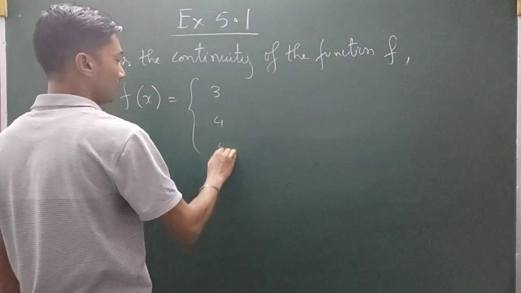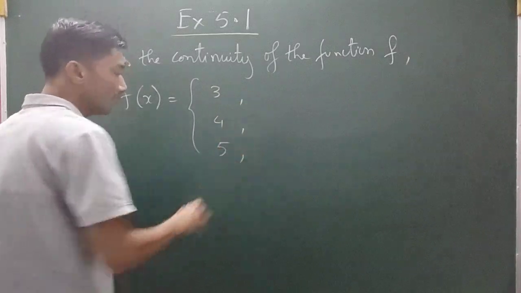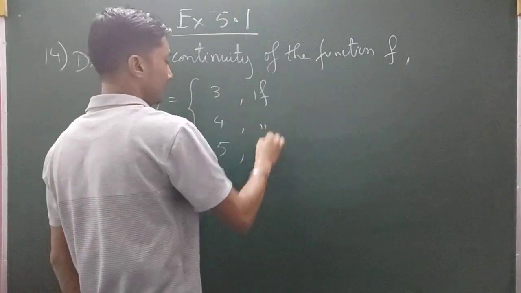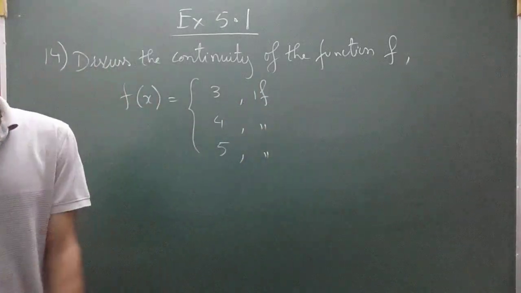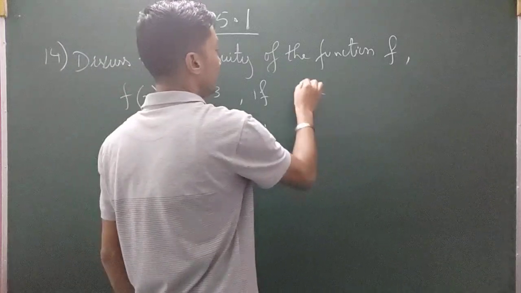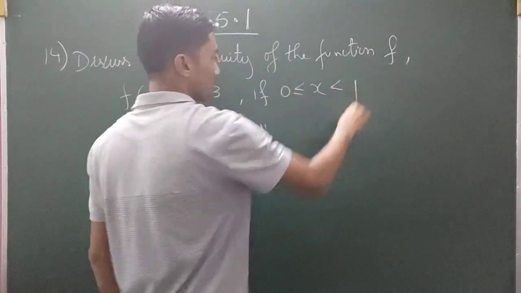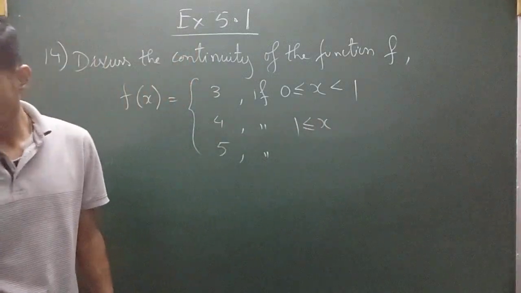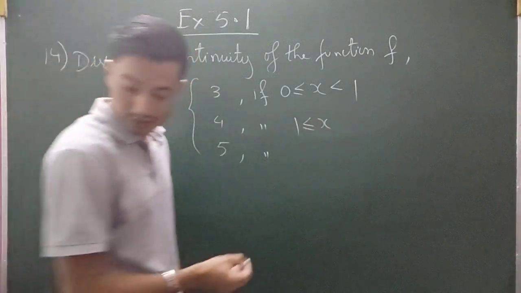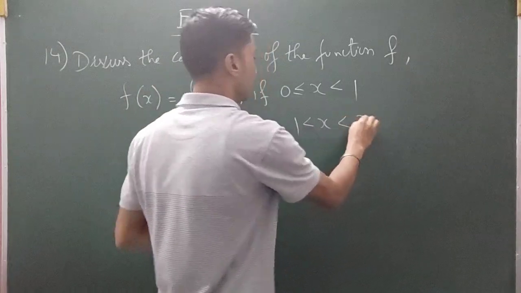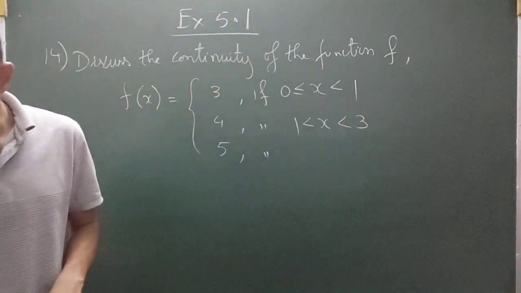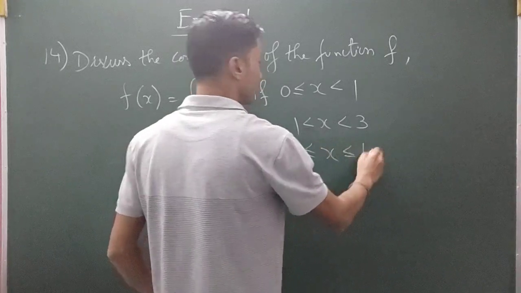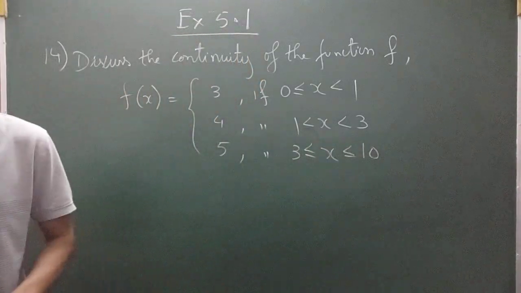The value of the function is 3 if x is greater than or equal to 0, less than 1; 4 if x is greater than 1, less than 3; and 5 if x is greater than or equal to 3, less than or equal to 10.